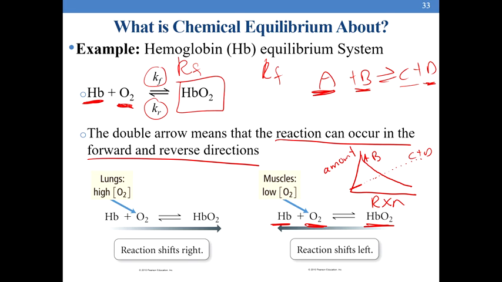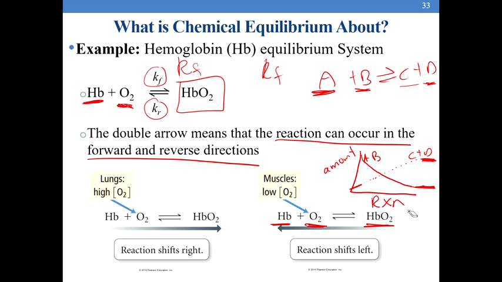That should make sense until we eventually reach an equilibrium state where this will level off and be constant, flat, and this will level off and be constant, flat. Okay, that doesn't mean they're the same amounts. It just means they're not going to change as we progress to the right in time, as we continue to measure over time.